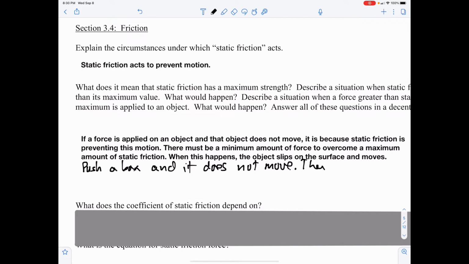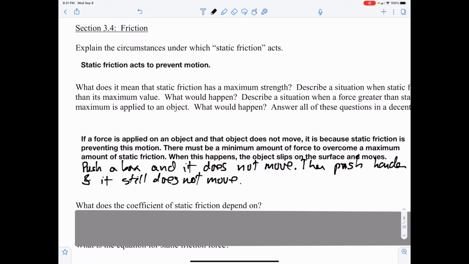Then push harder, and it still does not move. Right? What is this telling us? This is telling us that there are several lesser values of static friction leading up to a maximum value, right?